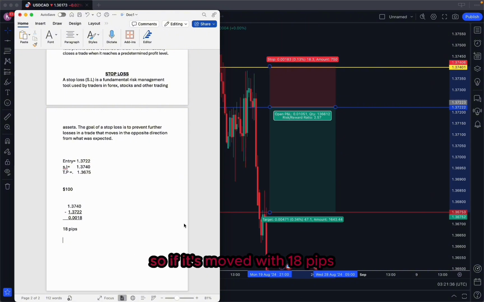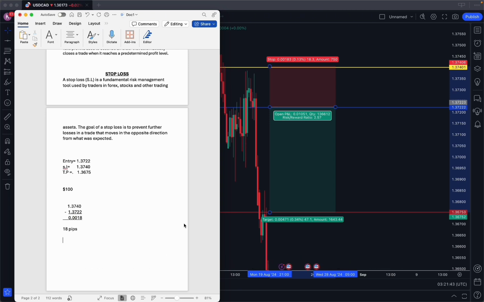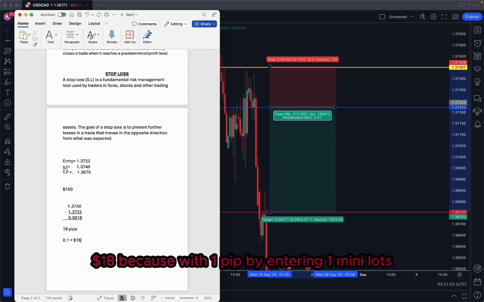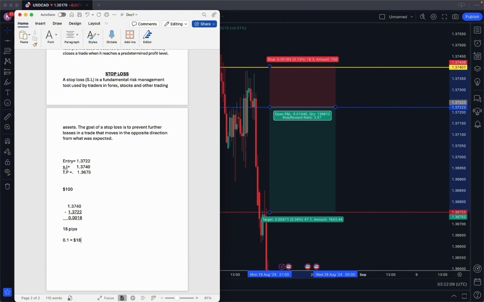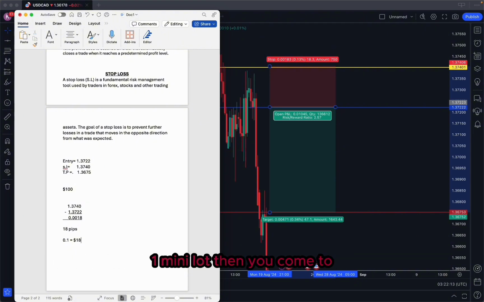So if it moved 18 pips, then the money involved is going to be $18. Simple. So 1 mini lot is going to be $18.